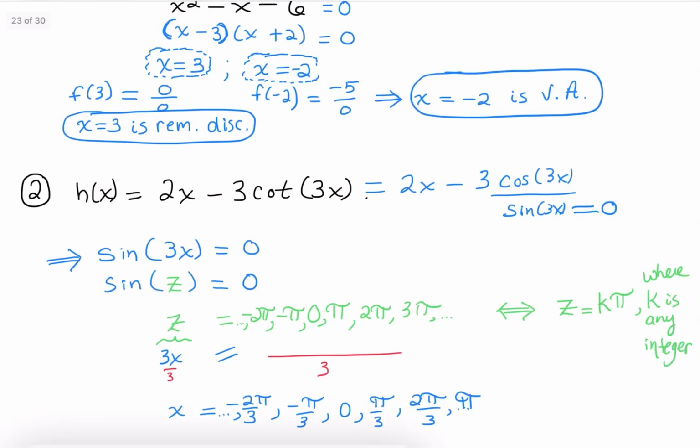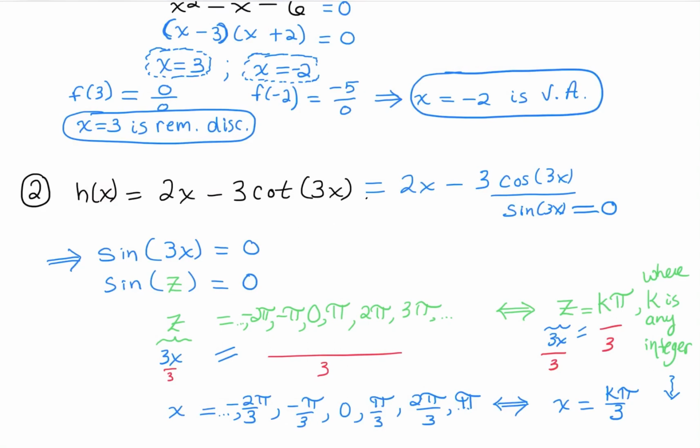But again, if z is really equal to 3x, then we could just think about this form and divide both sides by 3. And so now what we get is that x is equal to k pi over 3, again, where k is any integer. So we have the expanded form versus the condensed form.